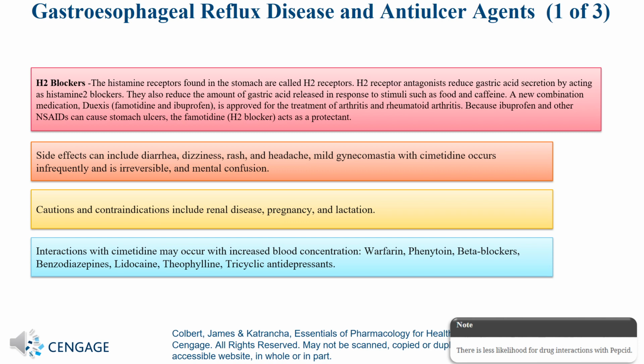As we get into our gastroesophageal reflux disease and anti-ulcer agents, your H2 blockers are one. The histamine receptors found in the stomach are called H2 receptors. Your H2 receptor antagonists reduce gastric acid secretion by acting as histamine 2 blockers.